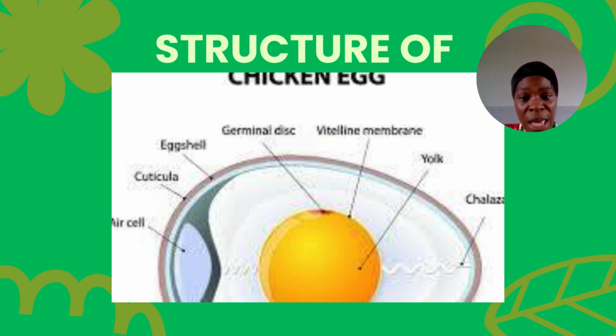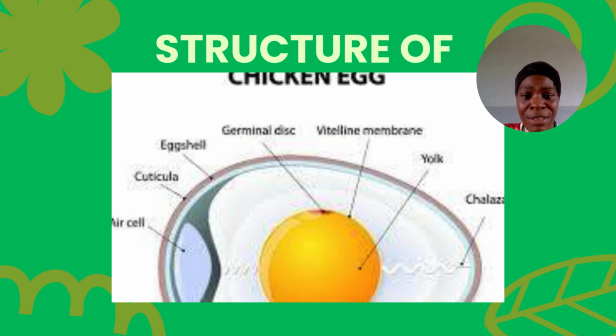Eggshell, the part of the eggshell. Then we have the germinal disc. Then we have the vitelline membrane. Then we have the yellowish part, which is the yolk. And we have a very tiny cord that holds the yolk to the albumin, and it's called chalaza. You can see it.